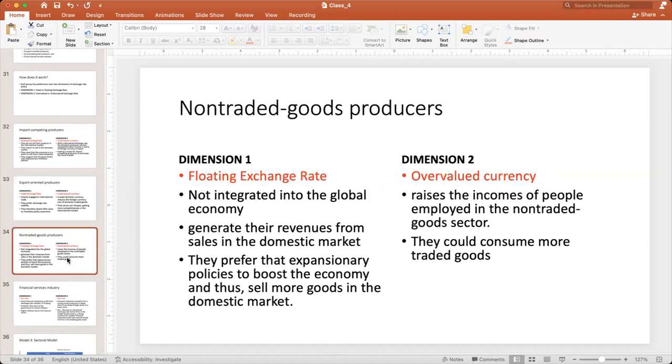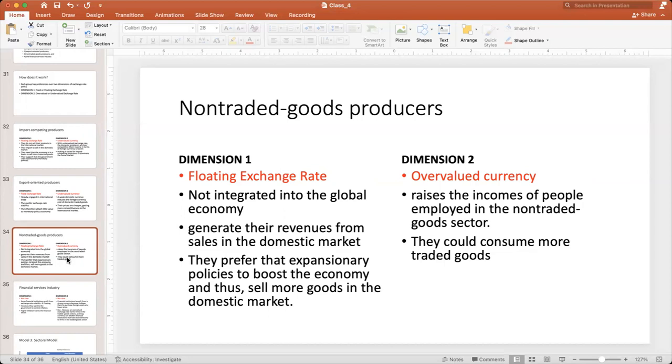The non-traded goods producers are firms that only produce for the domestic market. So they prefer a floating exchange rate. Why? Because they are not integrated into the global economy. So they generate revenues from sales in the domestic market, and they prefer that the government have the autonomy to boost the economy, because in that way they could sell more goods in the domestic market.